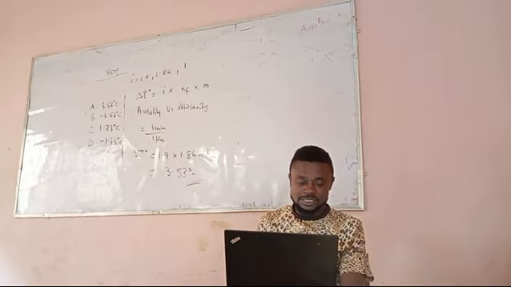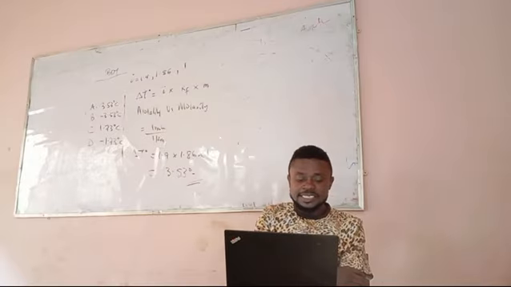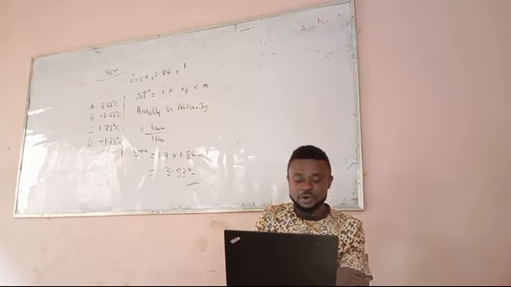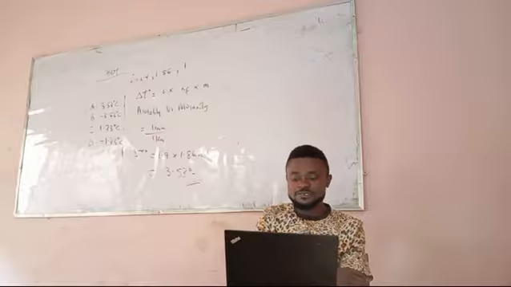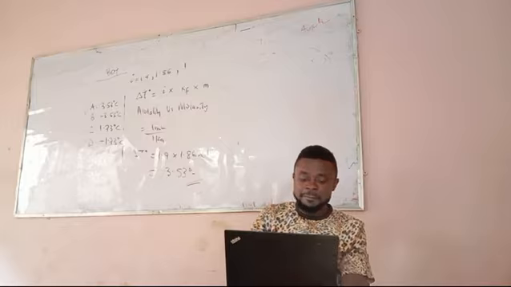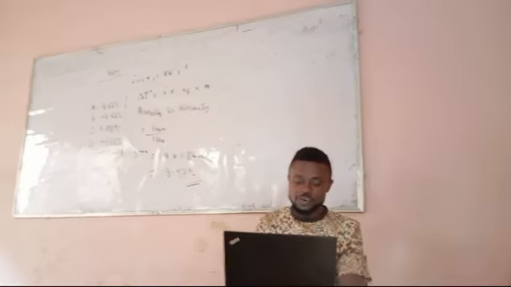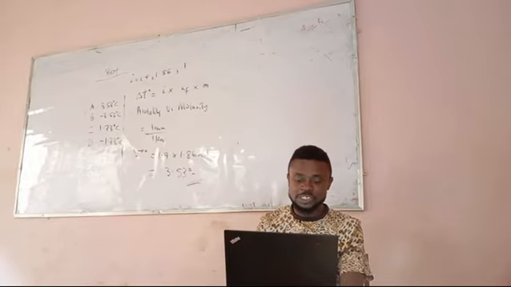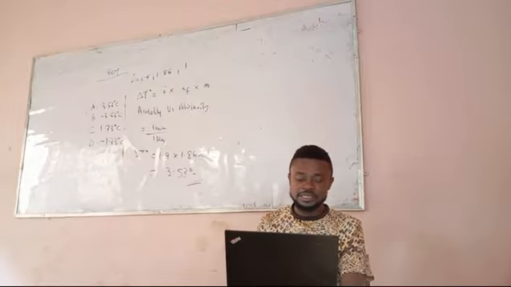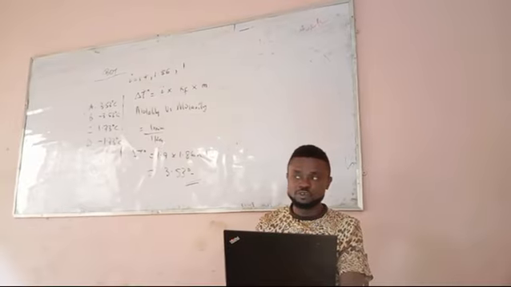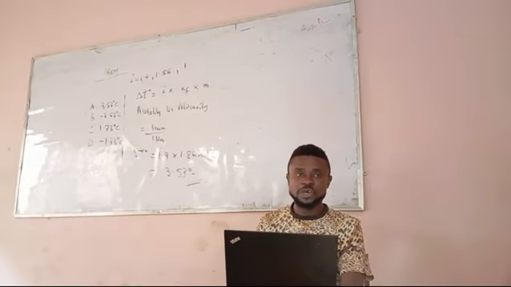Alright, the next question says, hope you are marking. 15 says the three main parts of an LPO include the following, with the exception of: A, LPO header; B, LPO body; C, LPO footer; D, LPO letterhead.